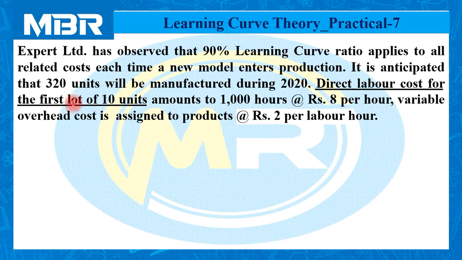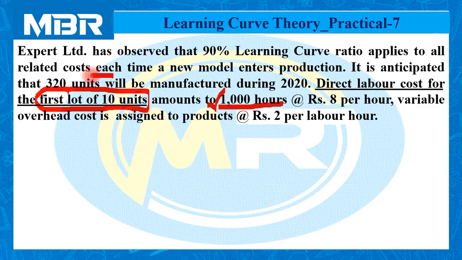In this paragraph, it is necessary for us to understand that in a batch, in a lot, we are going to manufacture 10 units. And for the manufacturing of 10 units, we are in need of 1000 labor hours.